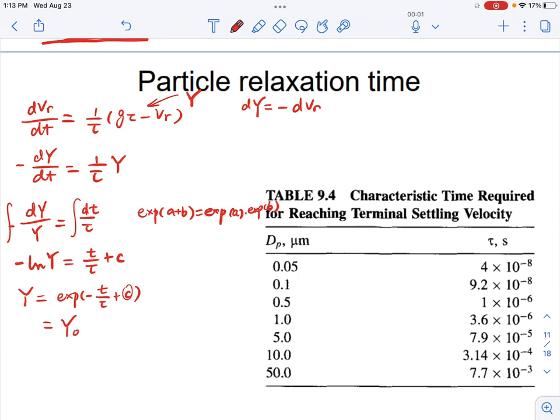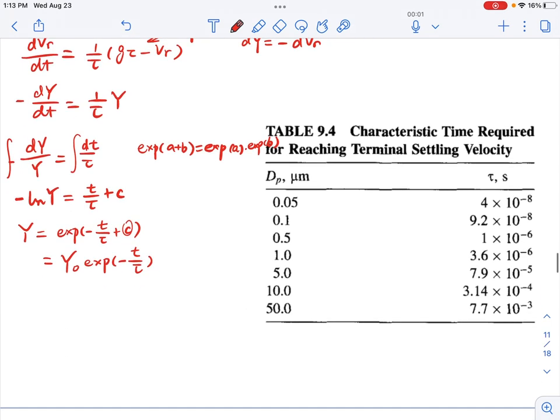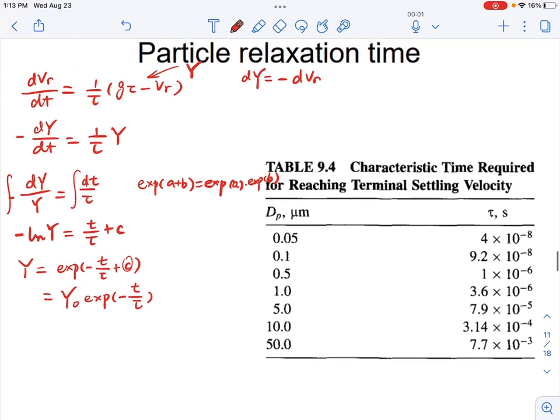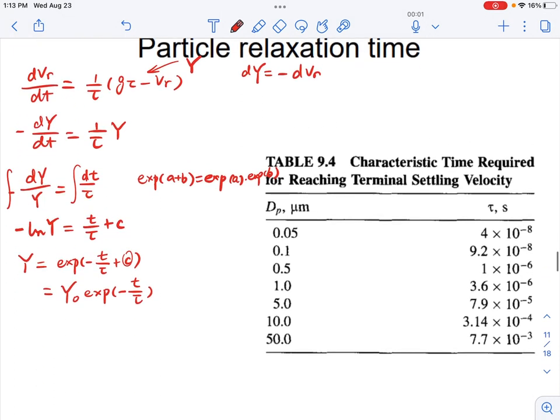So it's just a constant, let's say y0, times exponential of minus t over tau. Okay, so now we can start to substitute the terms back. So basically g tau minus Vr equals y0 exponential of minus t divided by tau.